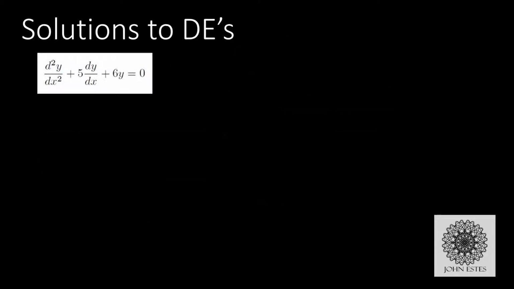For my second example of a solution to differential equations, I'm going to look at this second order differential equation. And again, I'm not going to tell you how to solve these yet. We're just going to illustrate a solution. So here we have y equals e to the negative 2x, and I claim that this is a solution to this differential equation. Since this is second order, I'll need to consider two derivatives.